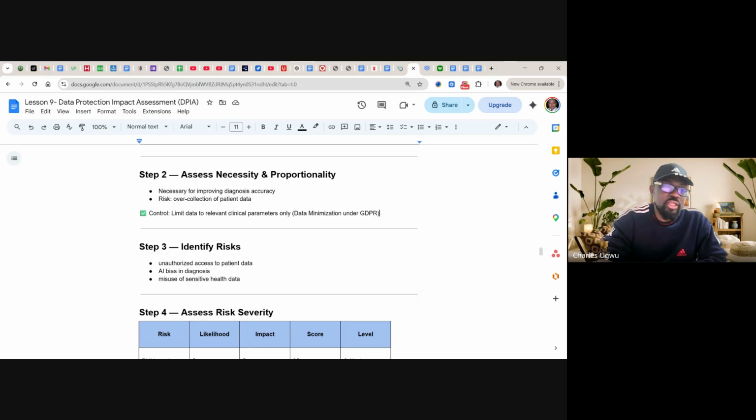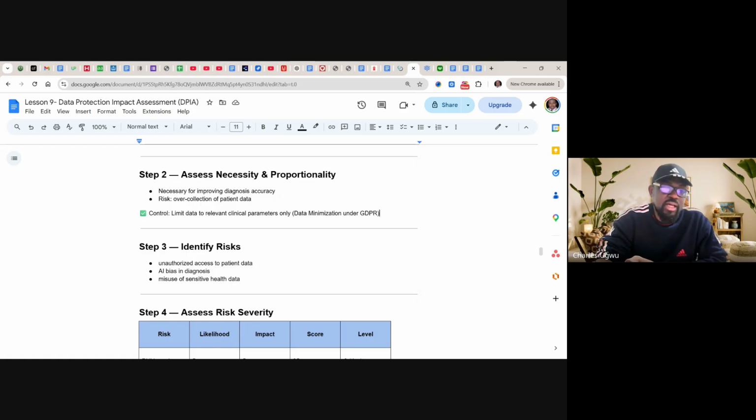So even in the data we are collecting, we still need to ask what are the risks involved? Unauthorized access to patients' data. Yes, the data we collect, even under data minimization, there are still risks. We still need to look at how we are going to reduce it. So unauthorized access to patient data is a risk. Anybody who doesn't have access should not access that data.